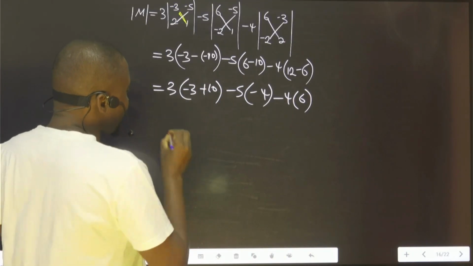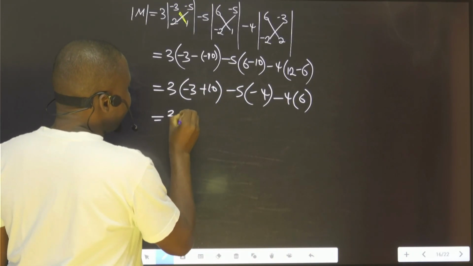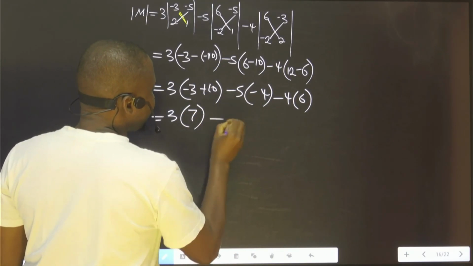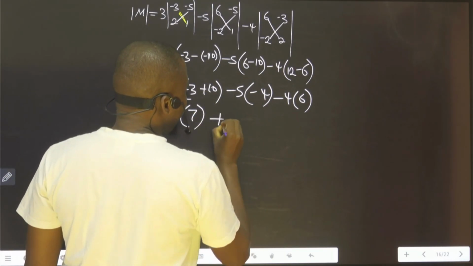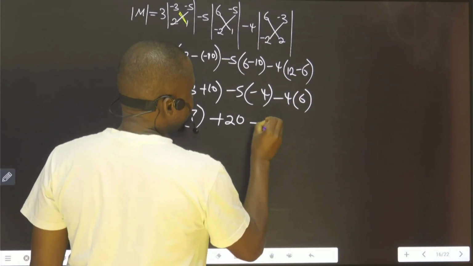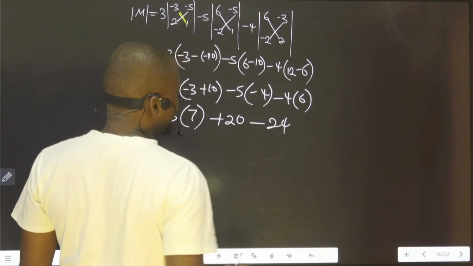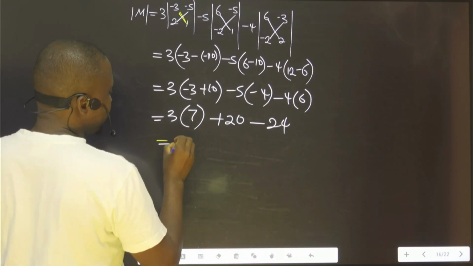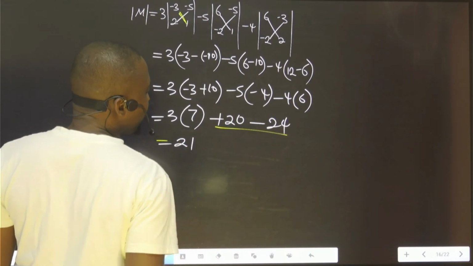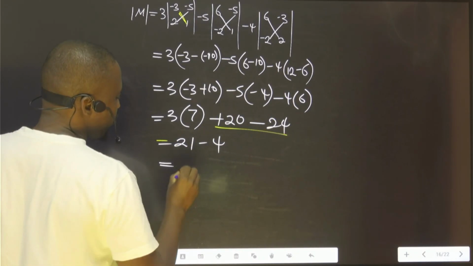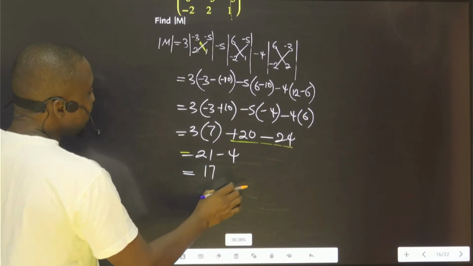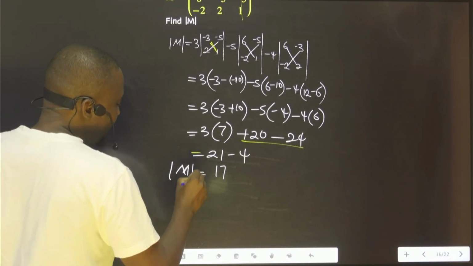Okay, let's continue. That is 3. This is 7. This is plus 20. This is 24. Okay? This will give us 21. This two will produce minus 4. This will produce 17. It means the determinant of M is 17.